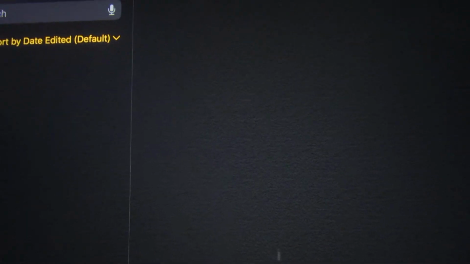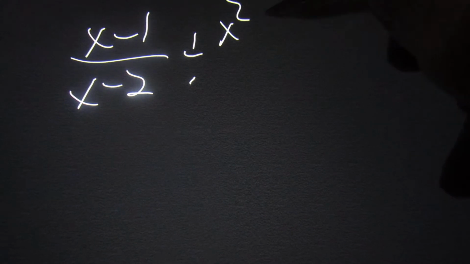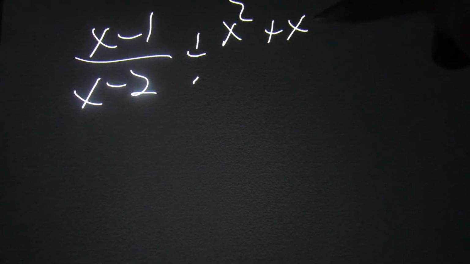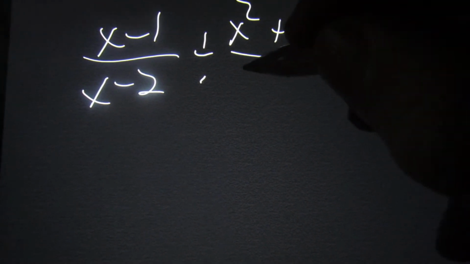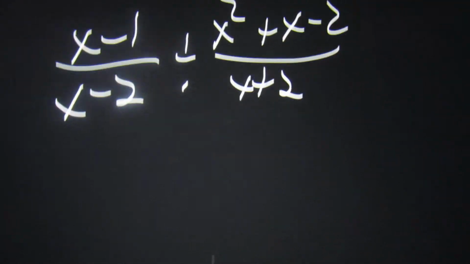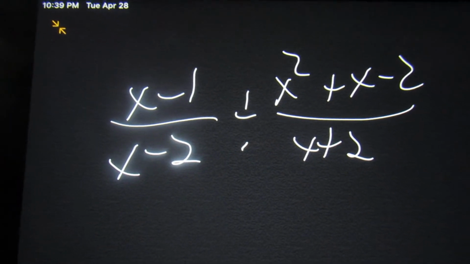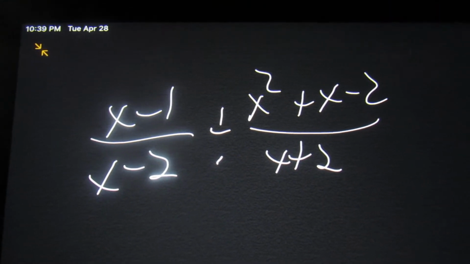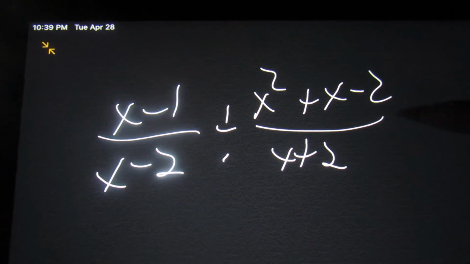Okay, so next we're going to do one where we're dividing. We have (x - 1) over (x - 2) divided by (x squared plus x minus 2) over (x + 2). So remember, with fractions, the first thing we do is flip the second one and turn it into a multiplication.